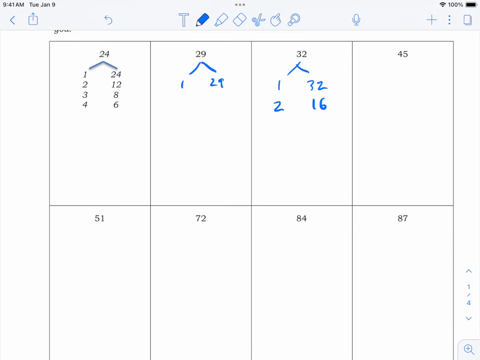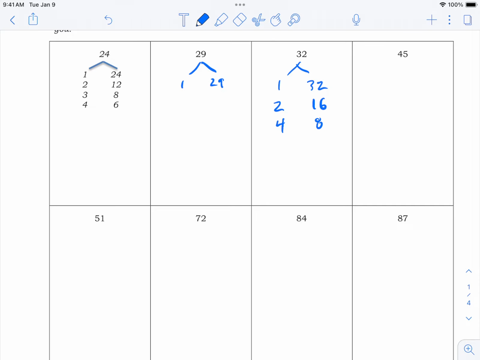It helps to know your times tables here. 4 times 8 is 32. Can you use a 5? No, because it doesn't end in a 5. Can you do a 6? No. 6 would only work, remember, if you could divide by 2 and 3, but there is no 3 here, so we can't divide by 6. 7, okay, we're getting too high here, right, because that's an 8. We can't go any higher than that. We're good. We've met in the middle.